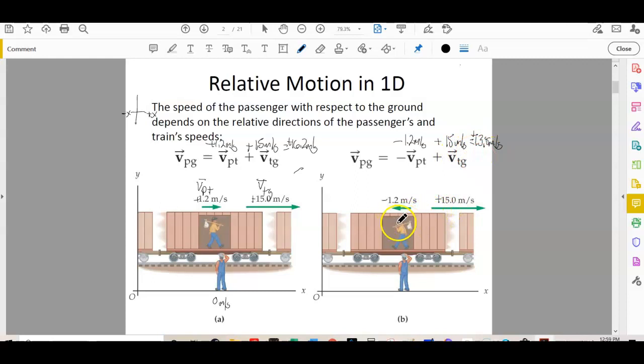So even though they're walking to the left, overall they're moving to the right at a positive 13.8 meters per second relative to the person on the ground.